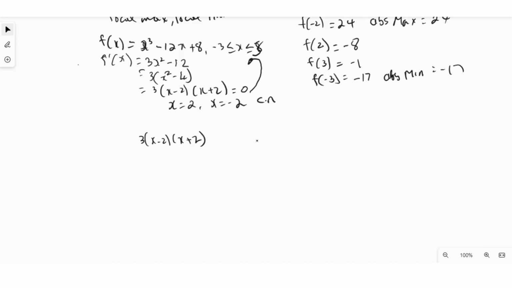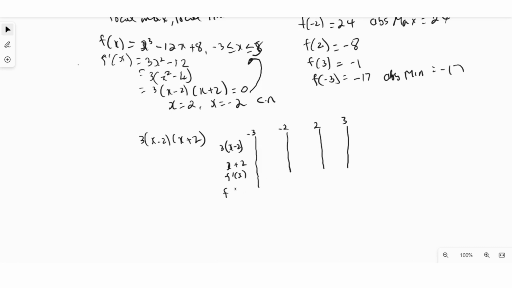So we take this chart here, and we take the domain, which is from negative 3, and then we have negative 2, we have 2, and we have 3. So I take 3, if 3 was negative, it would be dangerous, but 3 positive is okay. And the other one is x plus 2, and our derivative is this.